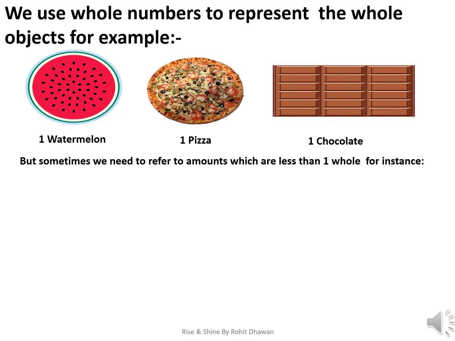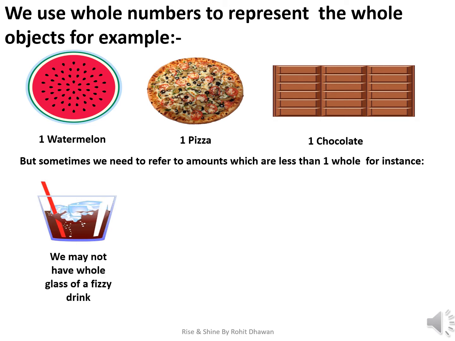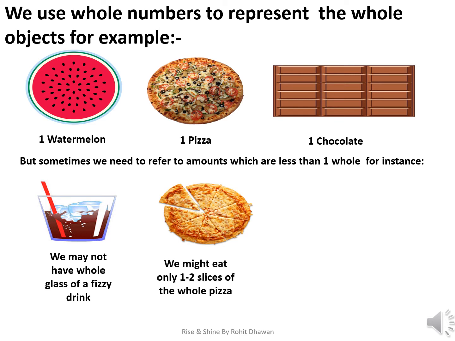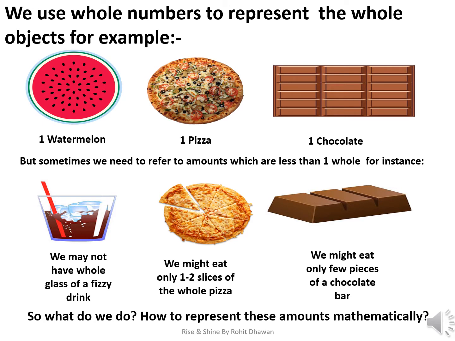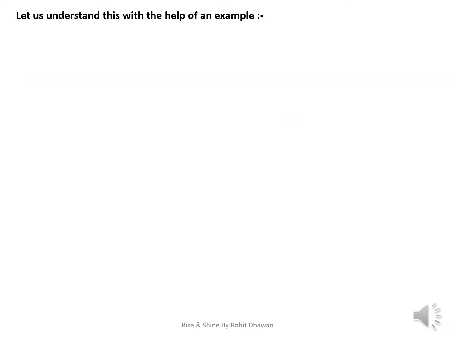For instance, we may not have the whole glass of a fizzy drink. We might eat only one or two slices of the whole pizza, or only a few pieces of a chocolate bar. So, how do we represent these amounts which are less than one whole mathematically?